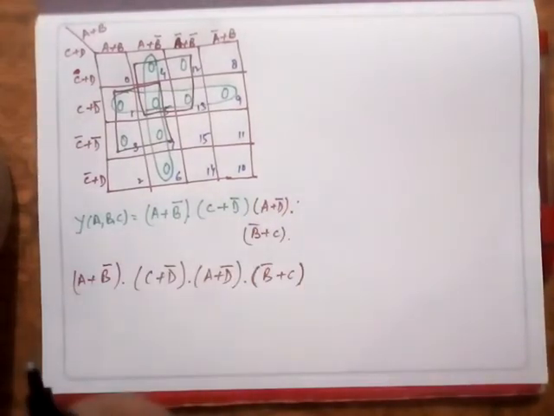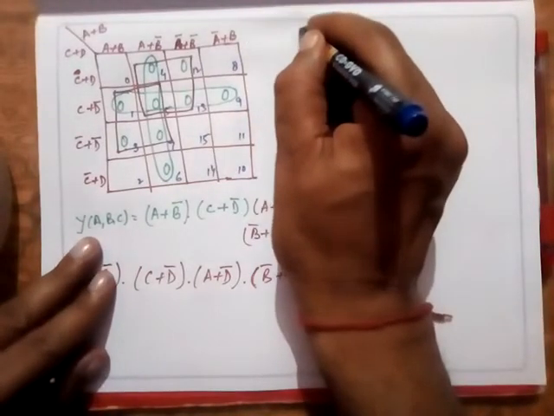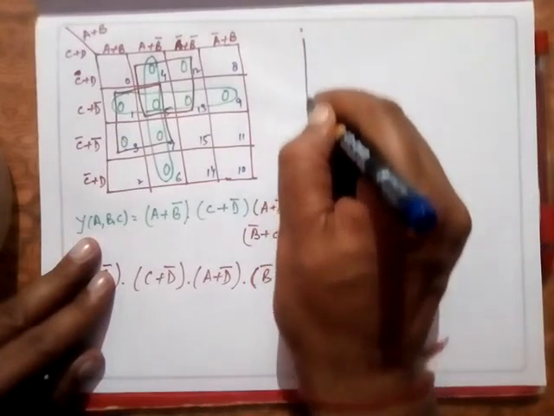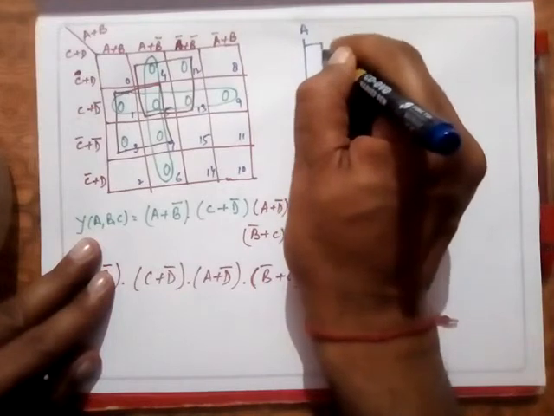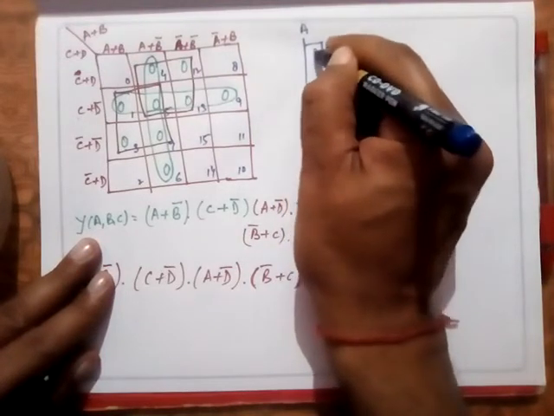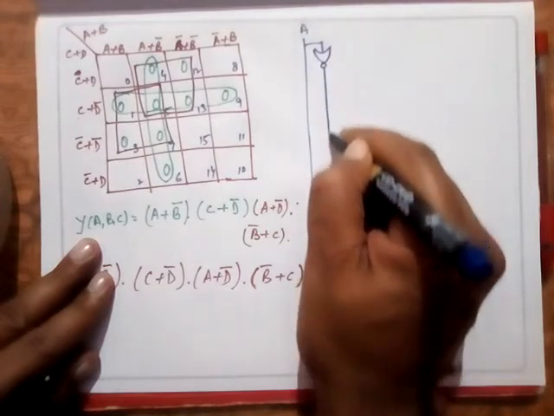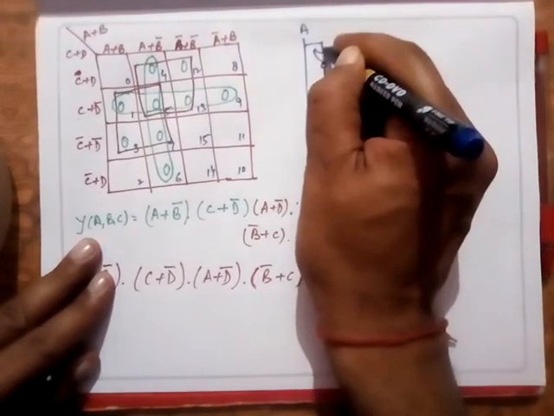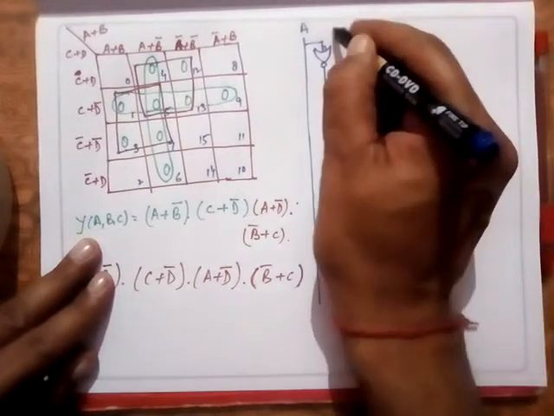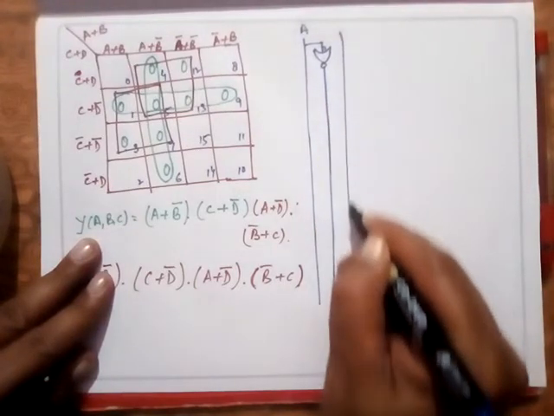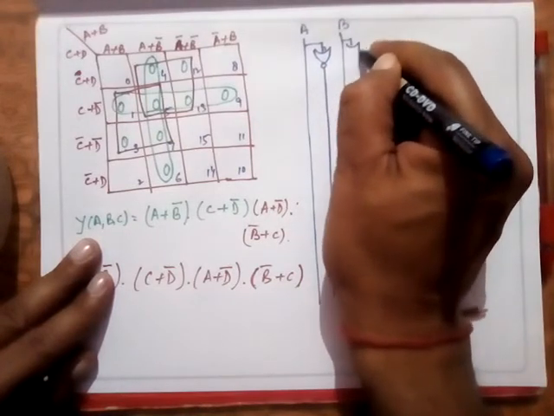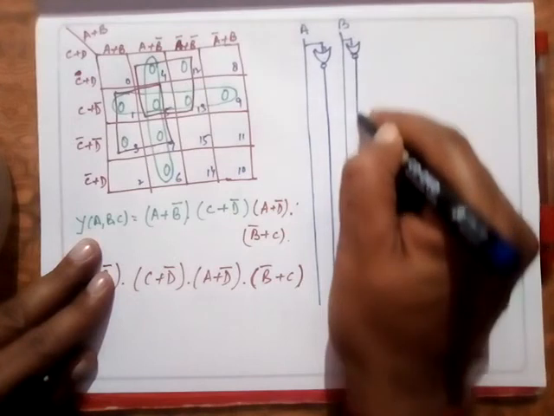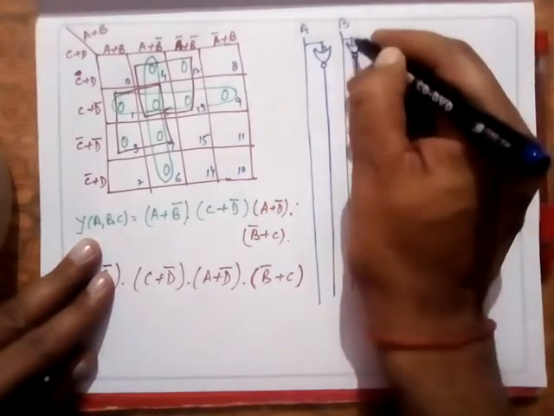So what I do, first of all, as I did in the previous case, I need A, B, C, D. So I make separate lines for A, B, C, D. Say this is A. Of course, on a line here I need a NOT gate, but with the help of a NOR gate. So I use a NOR gate here and short its inputs, which acts as a NOT gate. Then this is the line for input B, and again I use a NOR gate here, acting as a NOT gate.